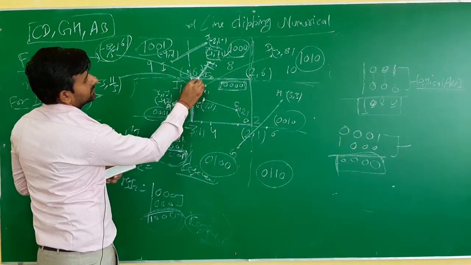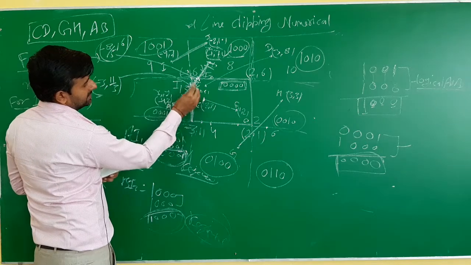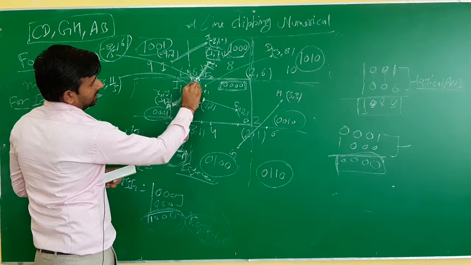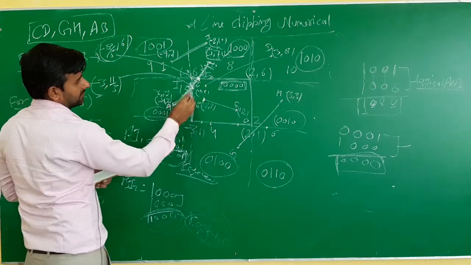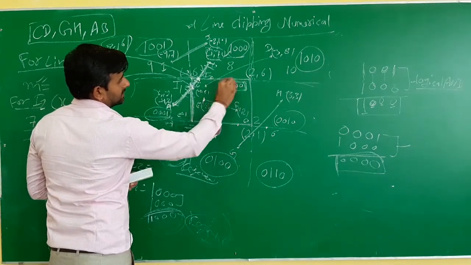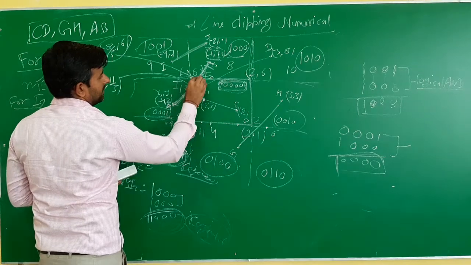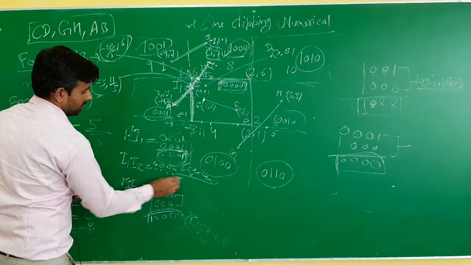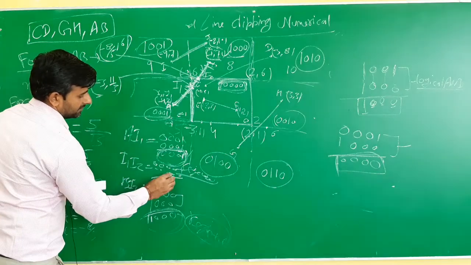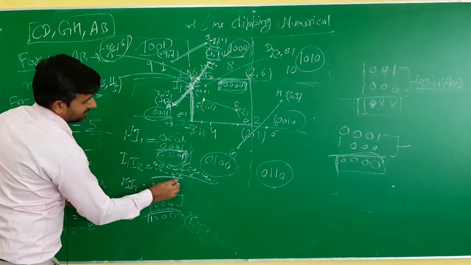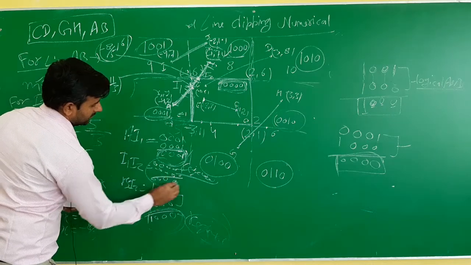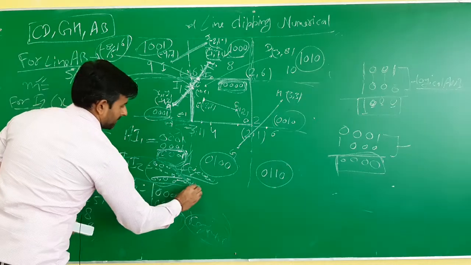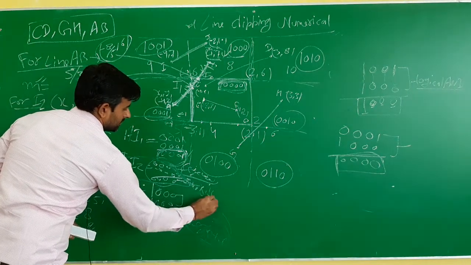This is the I1 I2. This line is here, and the points will lie under this category. I1 and I2 have the region codes 0000 and 0000, and when we do logical AND, we will get 0000. This is inside, totally visible. We will write visible.